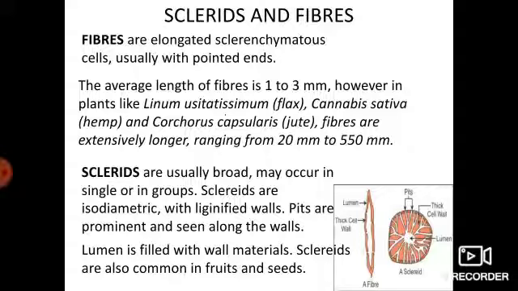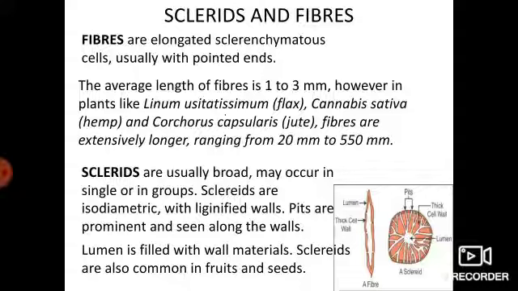Fibers are elongated sclerenchymatous cells, usually with pointed ends. See the picture. The first picture is the fiber that are very elongated cells with lumen. They have pointed ends at both the sides.